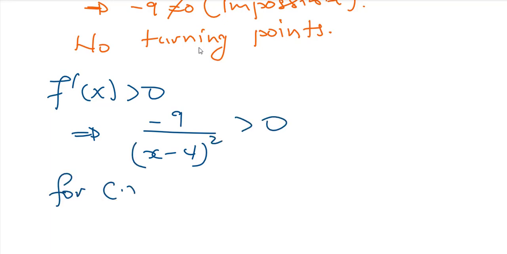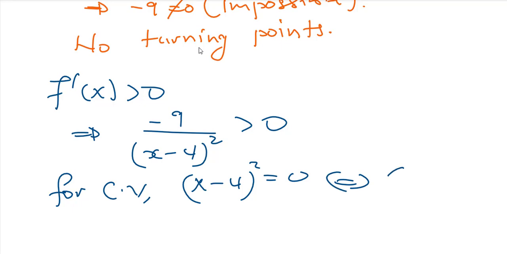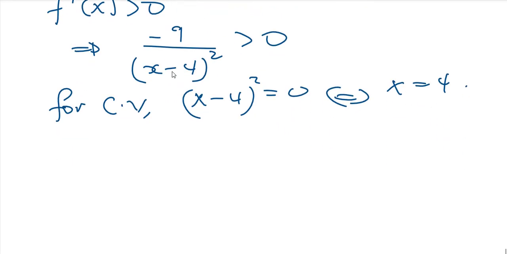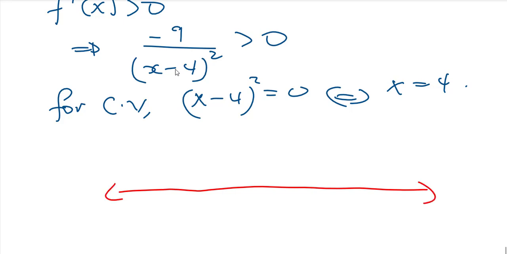So for critical values, that of the denominator, we have x minus 4, all of that squared is equal to 0, and that's true if and only if x is equal to 4. Now I will represent this critical point on my number line. So we have something like this. The point 4, I will use an open circle since it's not defined.